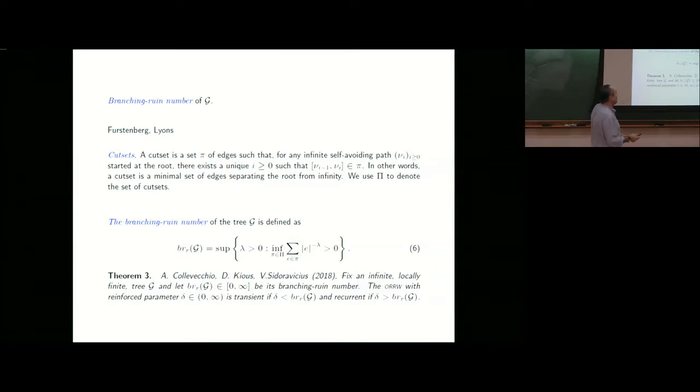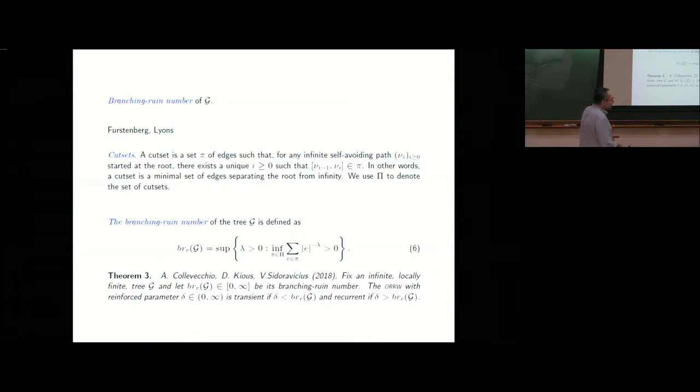So it was kind of the beginning of 2018. If you fix any locally finite tree, there is the branching number of the tree, which could be between 0 and infinity, including both. And then a very precise criterion is that once-reinforced random walk with parameter delta is transient if delta is smaller than the branching number.